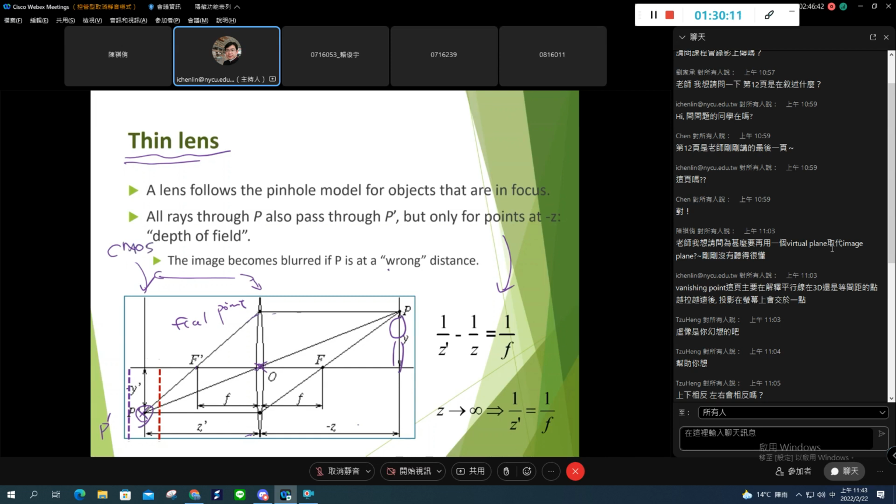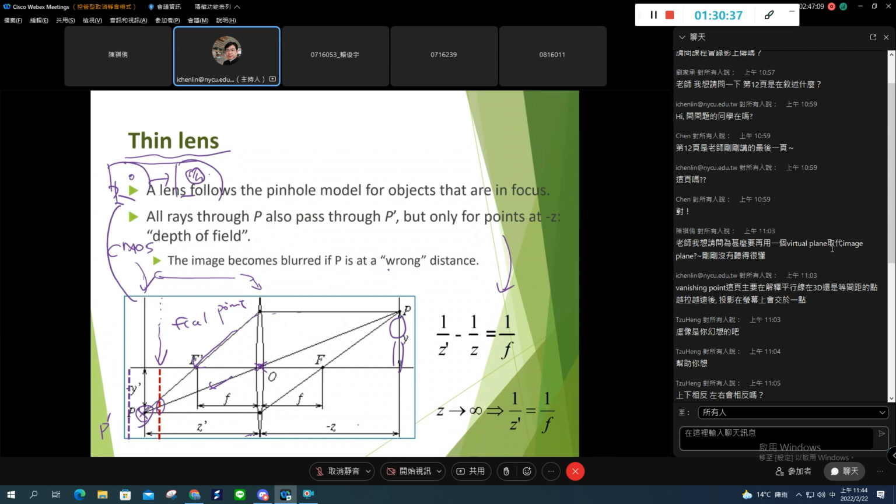However, if you do not put it in the right place, say for instance in this place, you will see that the light from P becomes a spread-out circle. So in the image, it goes from a point P to a spread-out spot.